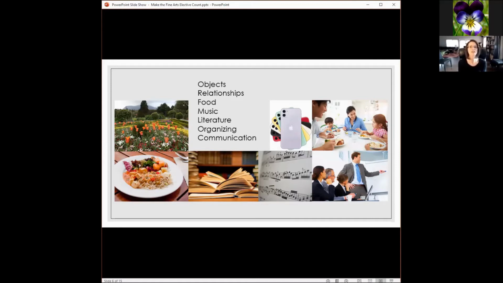But think about the other things that involve relationships among the parts of a whole. It could be your garden. It could be the way you plant your flowers in your garden. You've got some different types of plants, and you're thinking about where to put those based on their height or their color. You've got a meal, and so you have some choices between different foods, and you're thinking about flavor and color and texture and how that meal is composed.